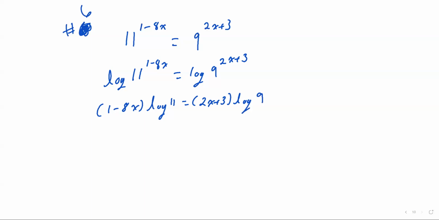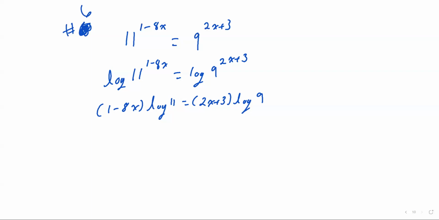All right, so there we're at. Now, I can't just simply divide by log and get my x by itself, because what happens? I have an x on both sides. So what I'm going to have to do is take this logarithm and distribute it in there so that I can try to get my x's to one side and my non-x's to the other side.